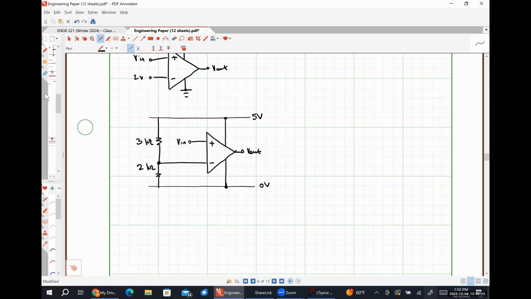But I want to be really clear here, let me get a different color. Originally, VX is defined between here and here.